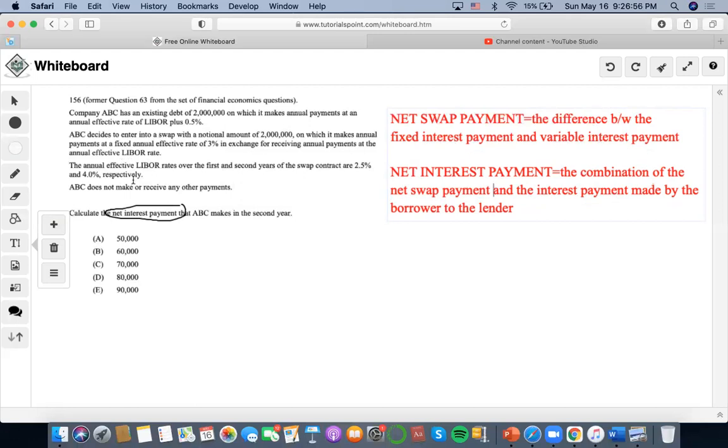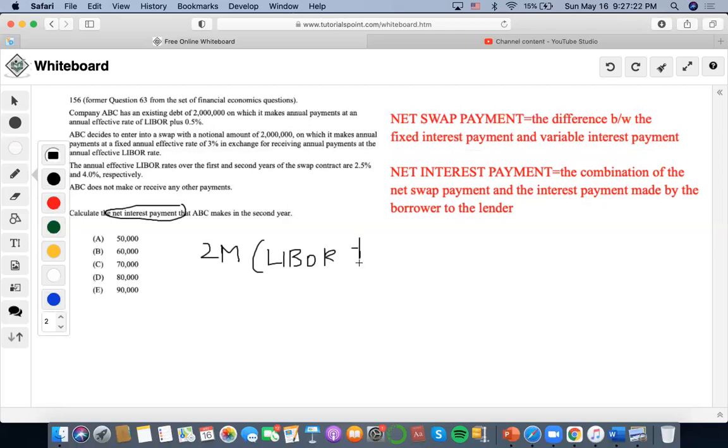So now what we see here is that company ABC has an existing debt of $2 million, on which it makes annual payments at an annual effective rate of LIBOR plus 0.5%. Okay, so this is our debt, and it's paid at an effective rate of LIBOR plus 0.5%, so this is some sort of interest payment.